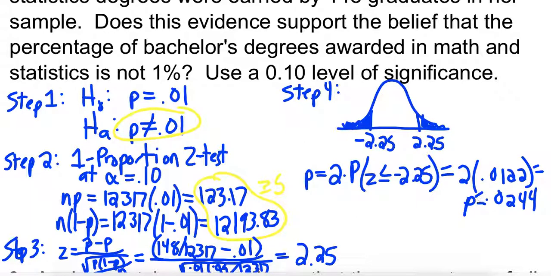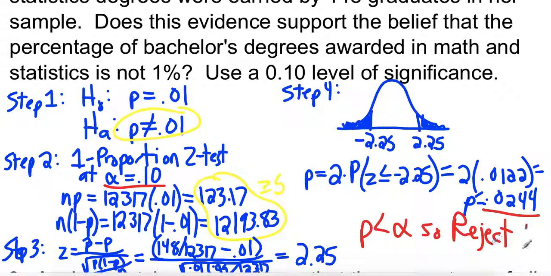We need to compare our p-value with alpha. And clearly, our p-value is less than alpha. So in that case, we are going to reject the null hypothesis. Okay, if we reject the null hypothesis, her claim is correct, or appears to be correct according to our data.